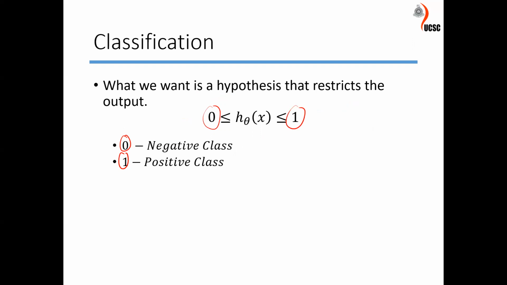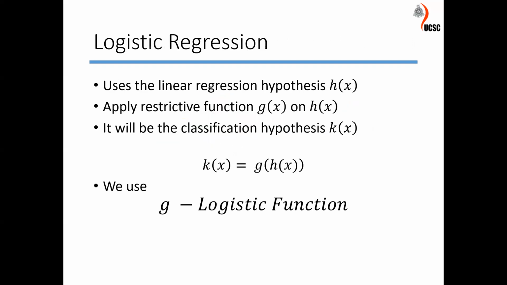To do that, you can come up with a restrictive function called g(x). h(x) is our linear regression hypothesis, and we include this h(x) in our restrictive function.